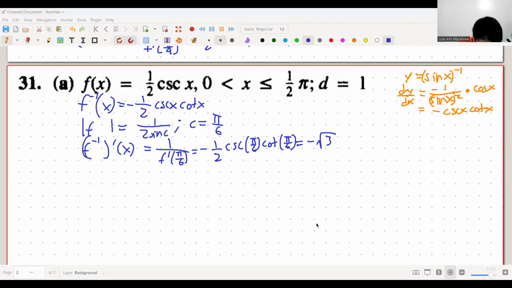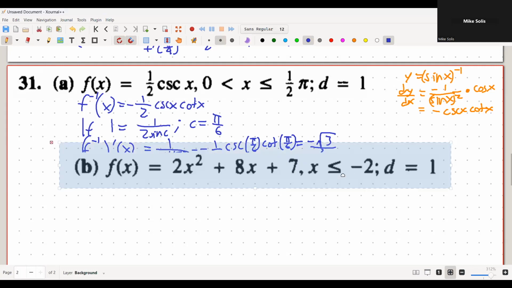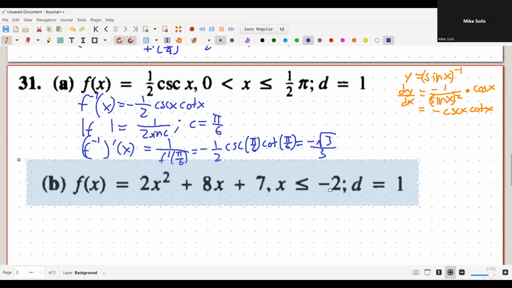So this is 1/2, and pi over 6 is square root of 3 over 2.